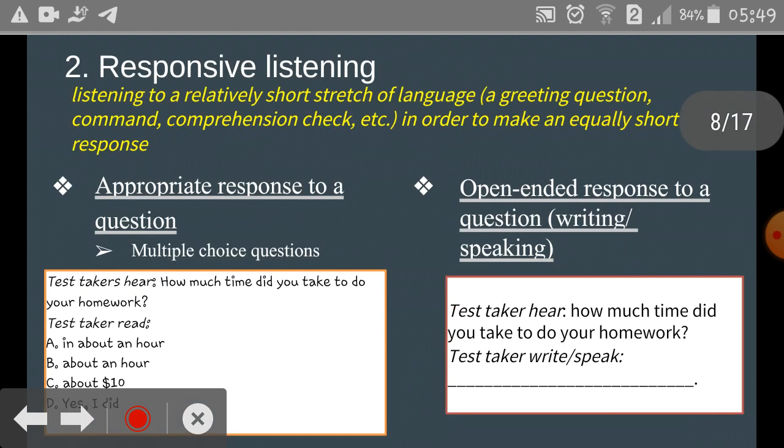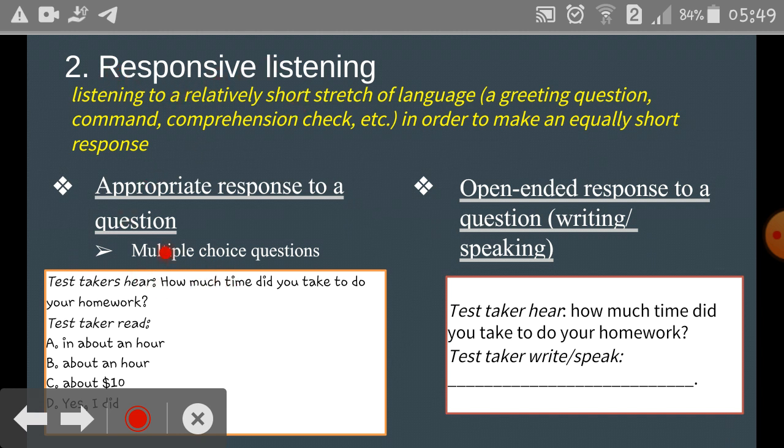Next one is responsive listening. In responsive listening, the student will listen to a relatively short stretch of language, like for example a greeting or a question or comment or comprehension check, in order to make an equally short response. So in responsive listening, the students not only listen to the audio, but they also need to respond to the audio.